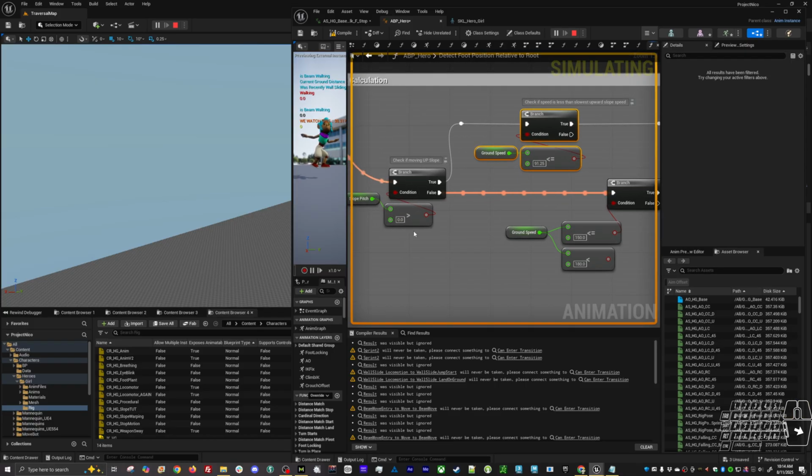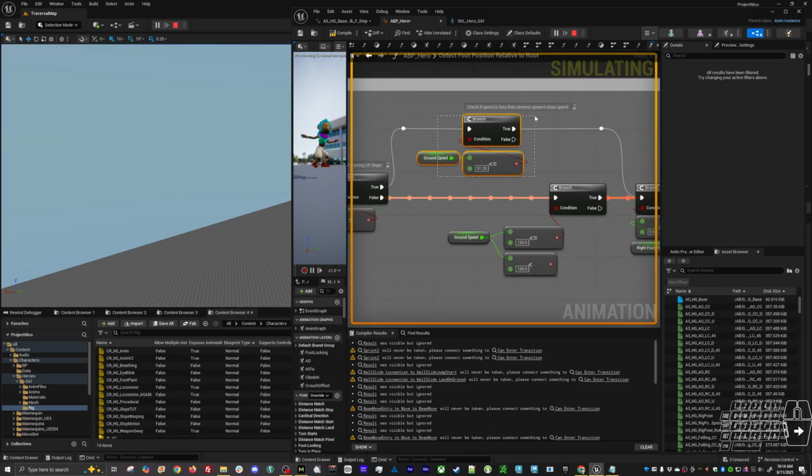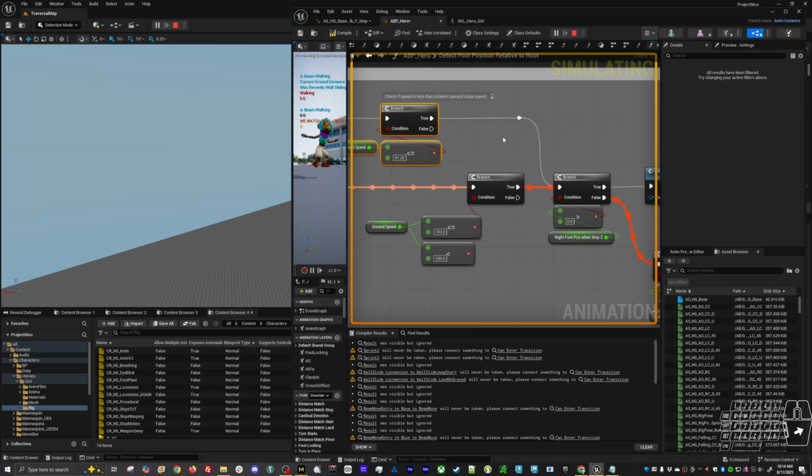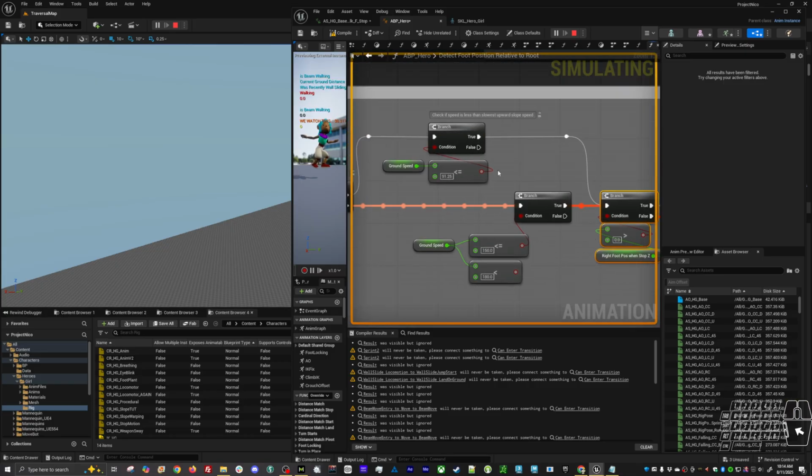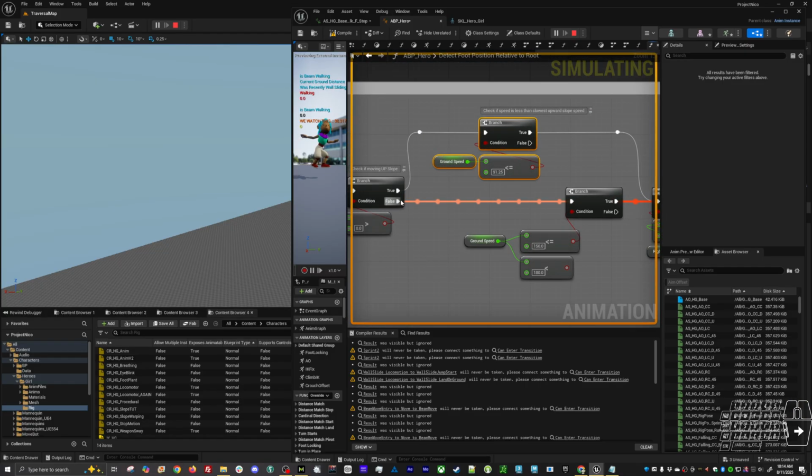So if our slope is greater than 0, our ground speed needs to be slow enough to where we'll do this check. And if it isn't slow enough while we're on a slope, and this is just for my game, so I had to come up with these rules because something looked weird. So check if speed is less than slowest upward slope speed.